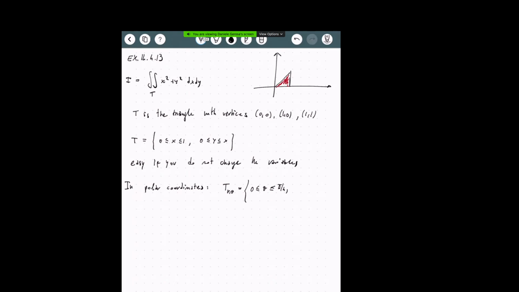Let's see. Well, okay, so this is constantly equal to 1. I guess we need to... so r is equal to what?